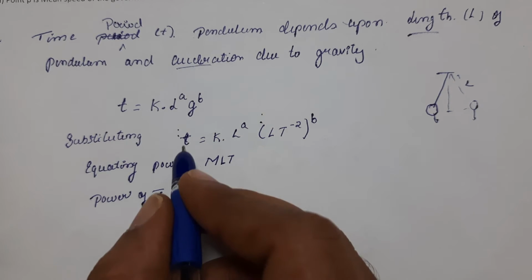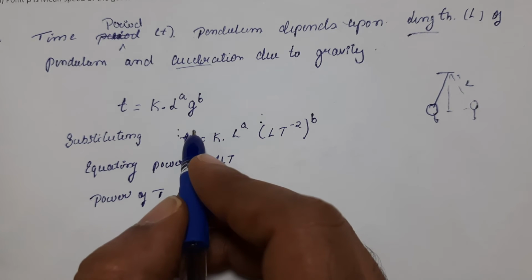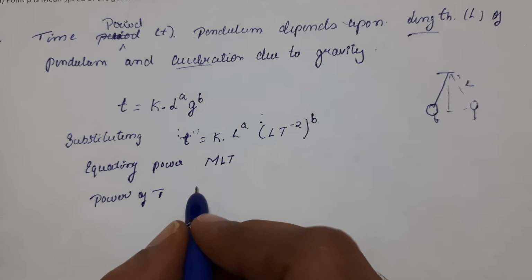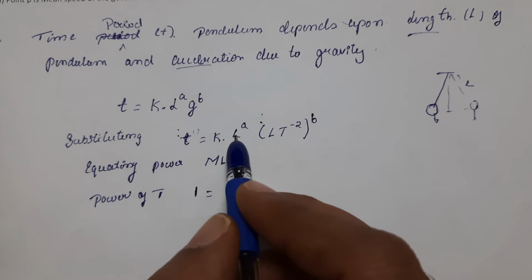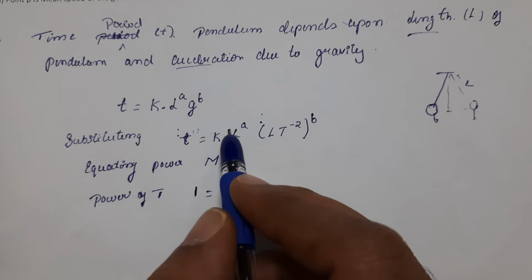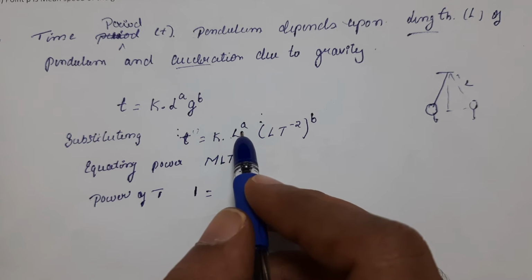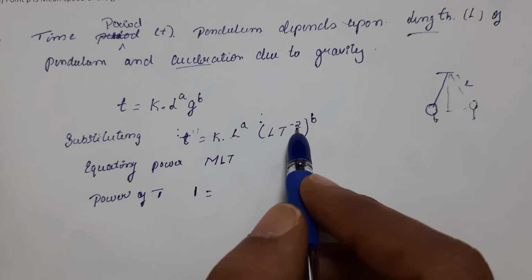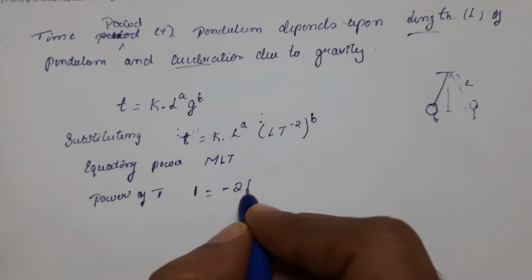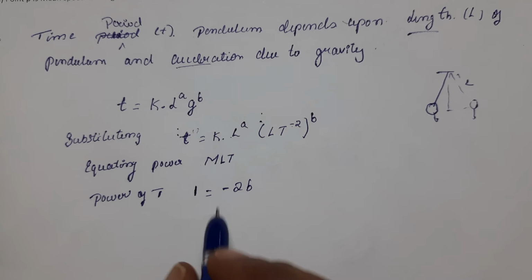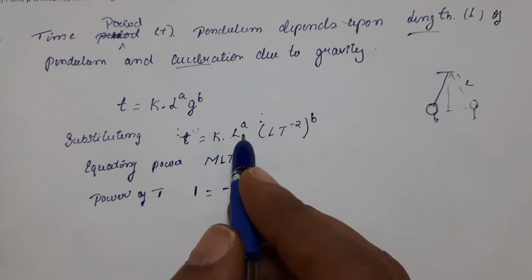Here it is 1, so we take the power as 1 over here. So 1 is equal to, k is kept as a constant, its power is nothing, L to the power, there's no T here, and for g, T is there, the power is minus 2b here. There is no other term with T over here.